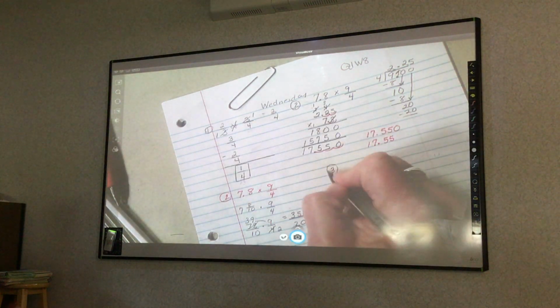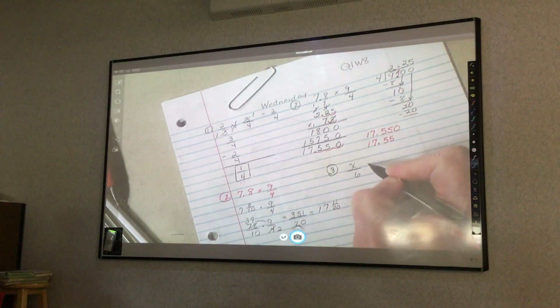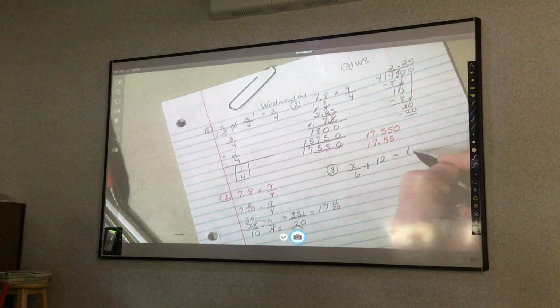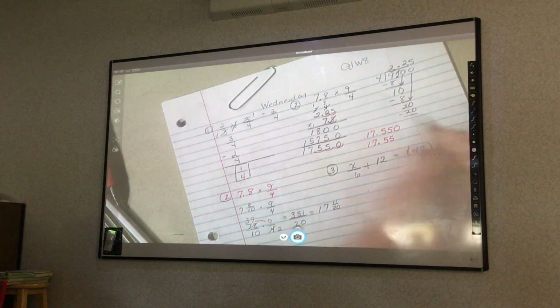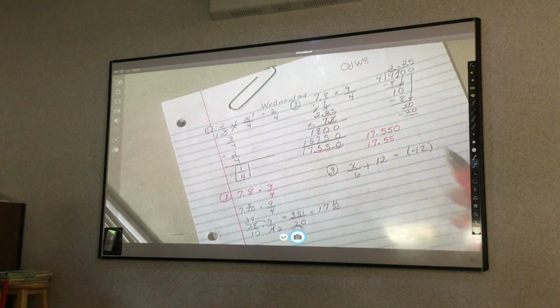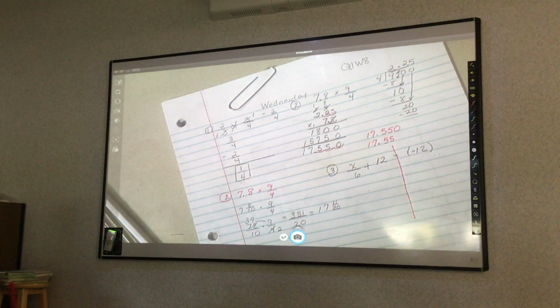Number 3, we have x divided by 6 plus 12 equals a negative 12. Yes, one is positive, one is negative, but you cannot say that they are additive inverses because an equal sign splits them up.